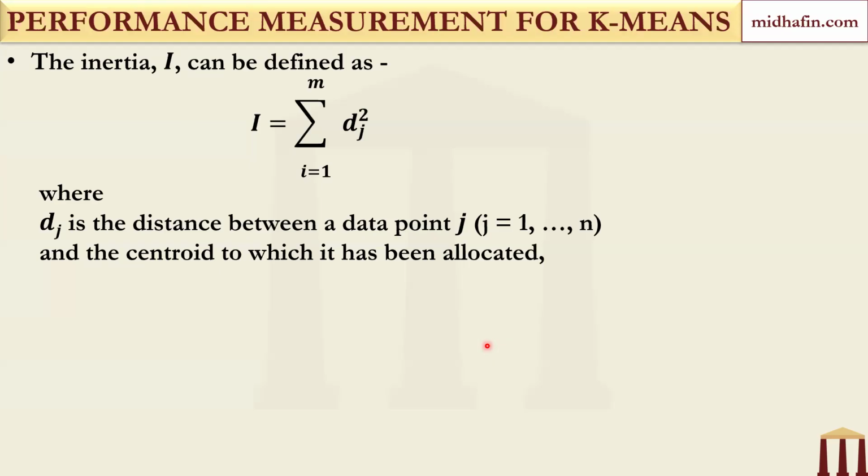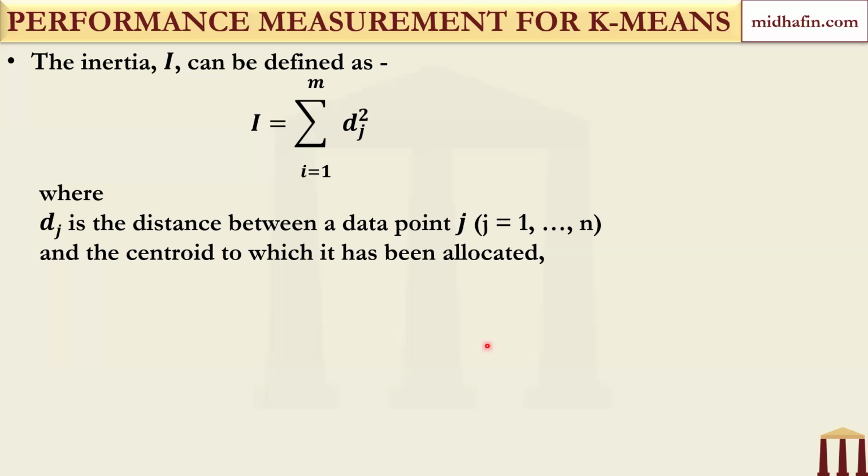What is inertia? Again, we can take that same example where we dropped the k pins randomly and we clubbed the pins together with the nearest point. Okay. So for each data point, we calculated the distance, how far it is from the center it belongs to.